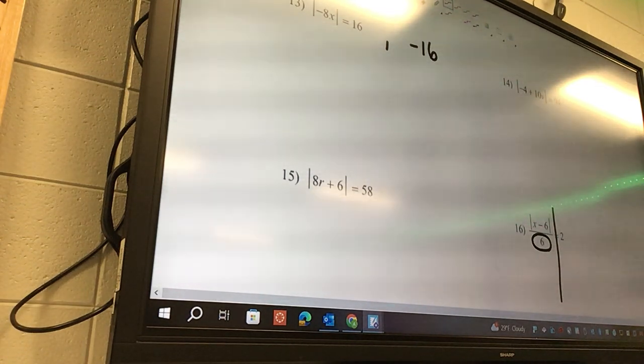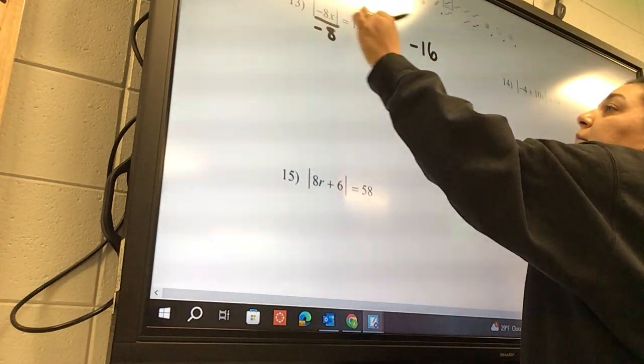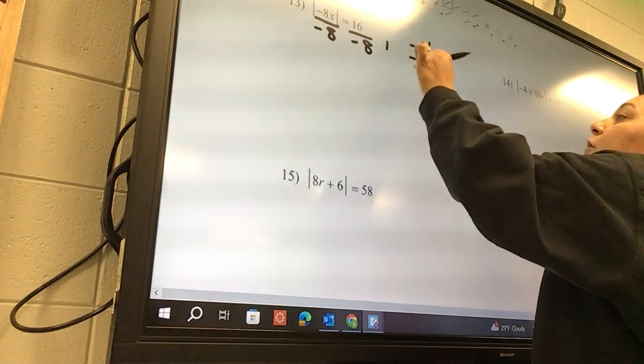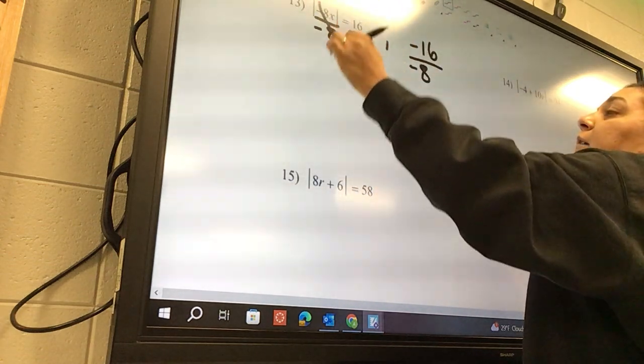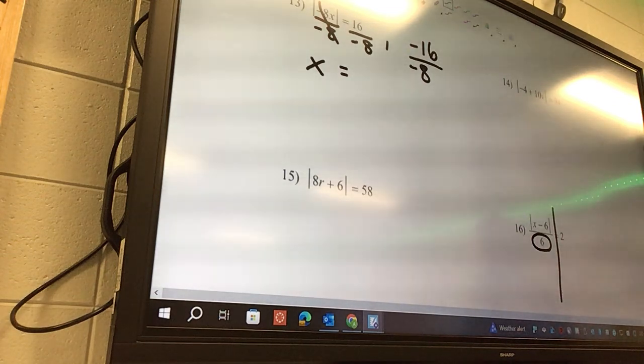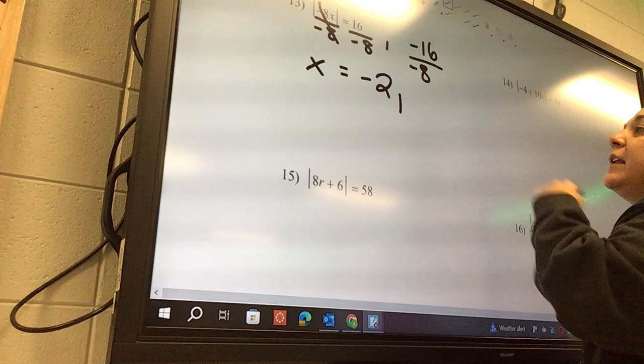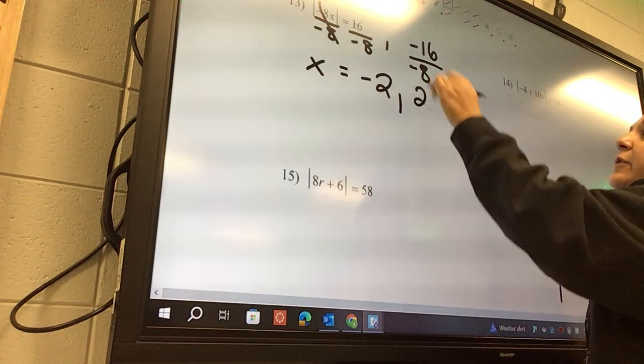Divide both sides by negative 8. Okay, so you got to do it to all 3 pieces. Okay, 16 divided by negative 8 is negative 2, negative 16 divided by negative 8 is positive 2.